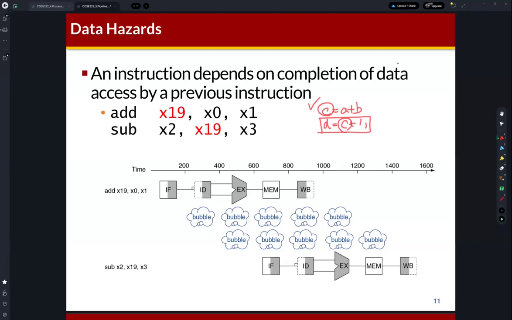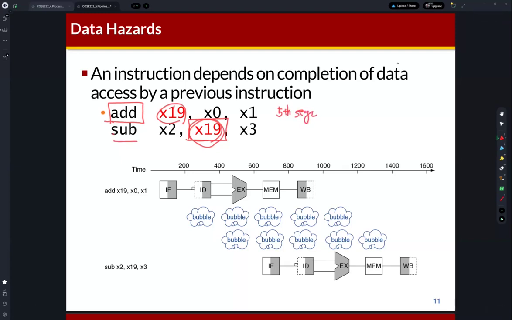Okay. So this is the example: add x19 and then use x19. In order to use this value in x19, the add needs to complete writing back to x19, right? But what's the problem? This write back is performed in the write back stage, and the write back stage is the fifth stage.